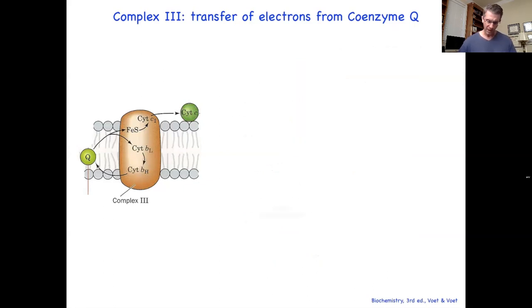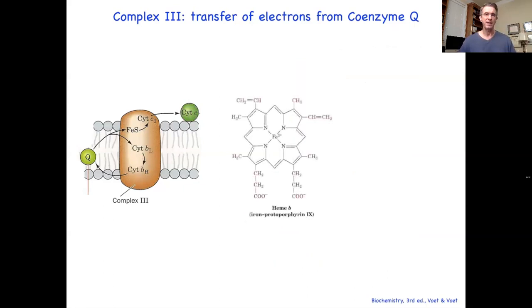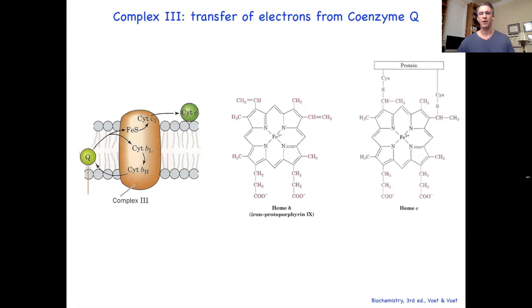Okay, so just to introduce this to you, remember those B-type hemes that we're talking about here. This is basically iron protoporphyrin 9, basically the same thing as what we saw when we talked about hemoglobin. That C-type heme, however, has ring substituents that are a little bit different. In particular, two of the vinyl groups that are attached to the tetrapyrrole are actually covalently connected through thioether bonds to the protein itself.